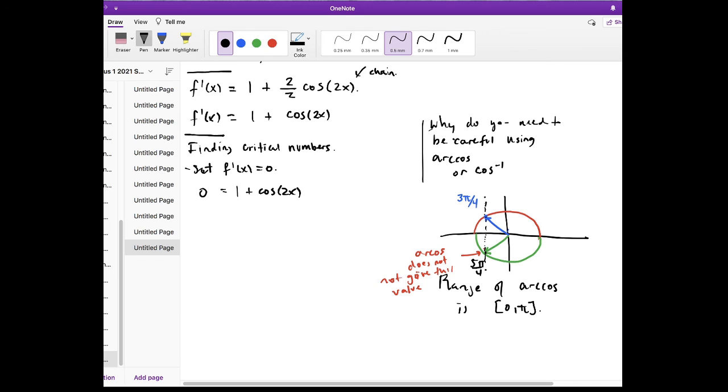So if you had nothing to set it equal to, how would you factor 1 plus cosine 2x? Like if I had y equals 1 plus cosine 2x, how could you factor that?